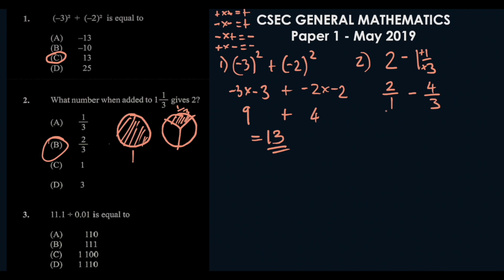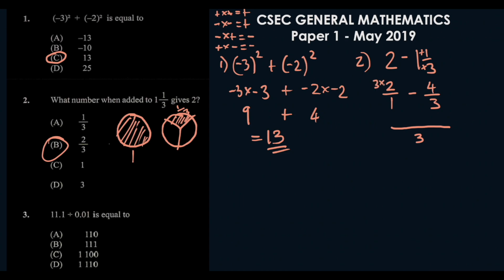Now I cannot subtract these because I have different denominators. Therefore, what I need to do is find a common denominator, which would be the LCM. So the LCM of 1 and 3 would be 3. So 1 into 3 goes 3 times.